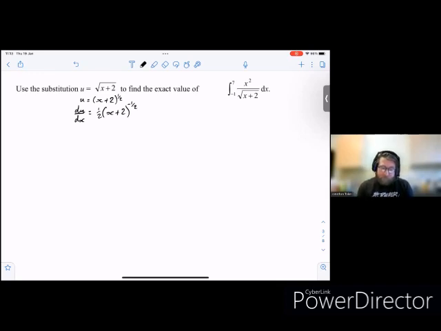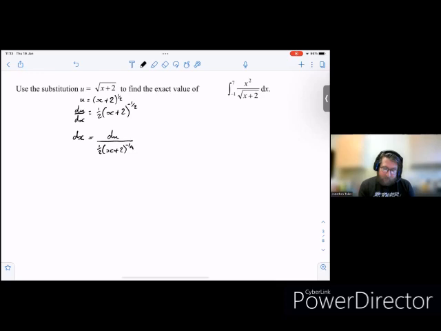So in order to simplify that, we want to make dx the subject, because dx is what we're substituting. So dx equals du over a half x plus 2 to the minus a half.